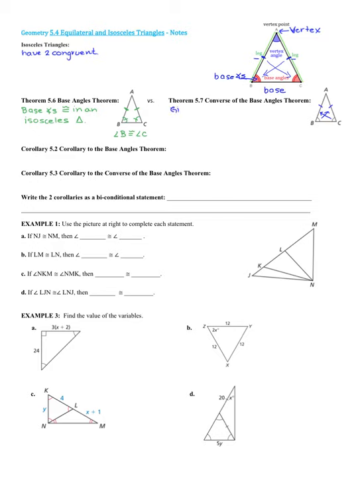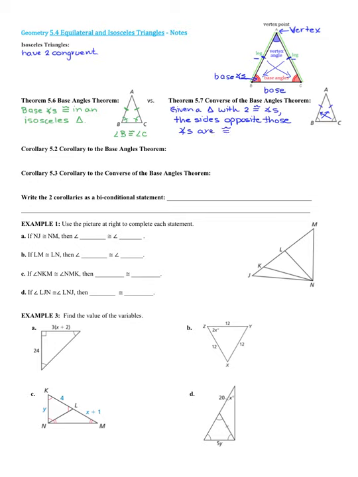So given a triangle with two congruent angles, it's just de facto, those are going to be your base angles, the sides opposite those angles are congruent.